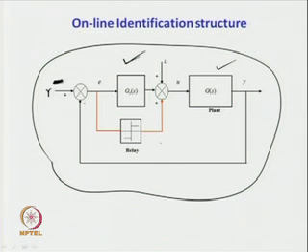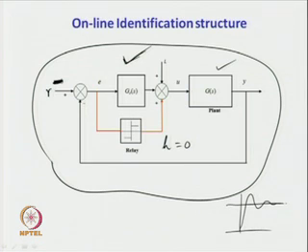When the relay amplitude H is equal to 0, at that time the controller is in action and the output of the plant can be of the form like this.